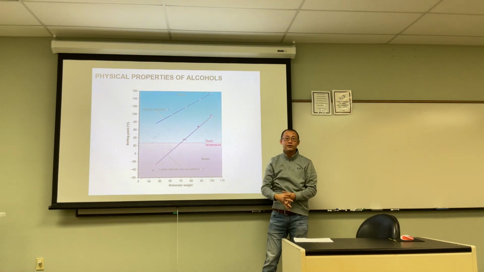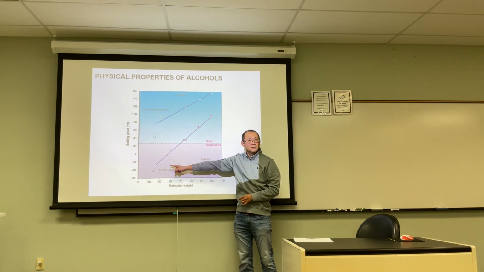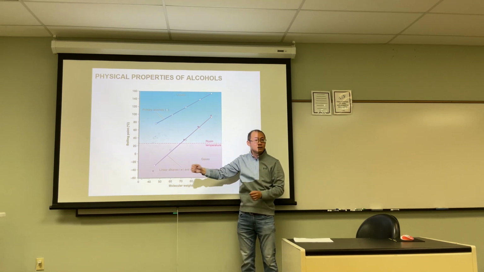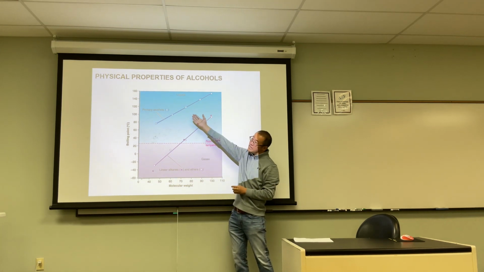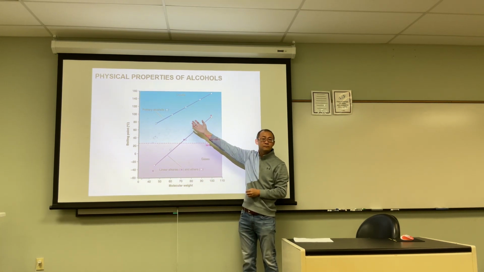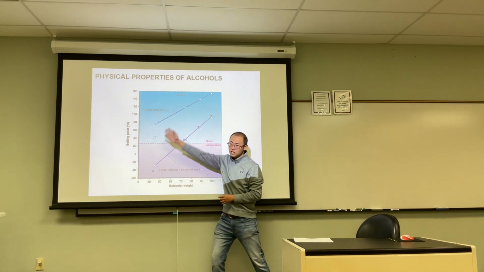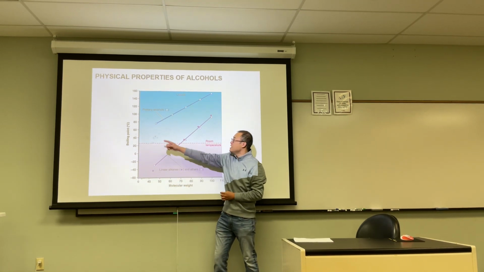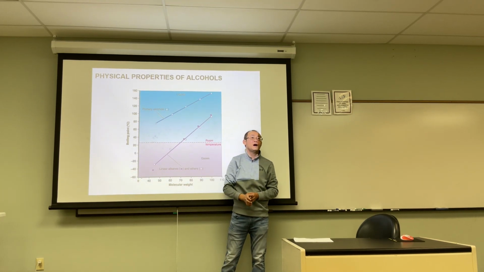The size of the molecule increases, which is the same trend as we learned in chapter 1. You guys remember that? The boiling point of hydrocarbons increases as the number of carbons increases. Well, you see the same trend with alcohols. But if you want to compare across species, alcohol is much higher than hydrocarbons.